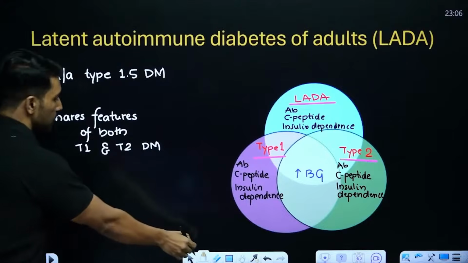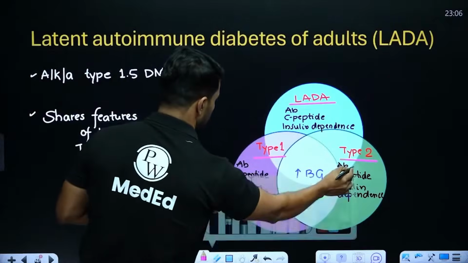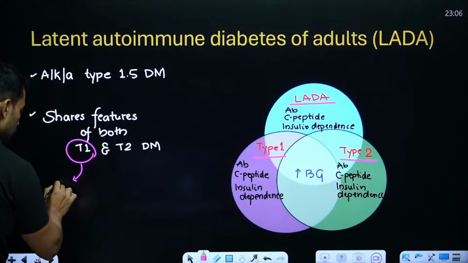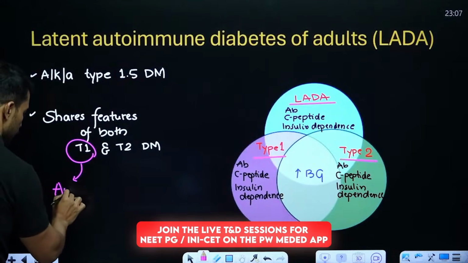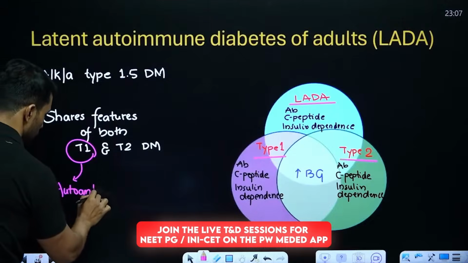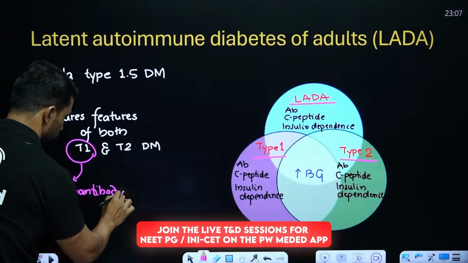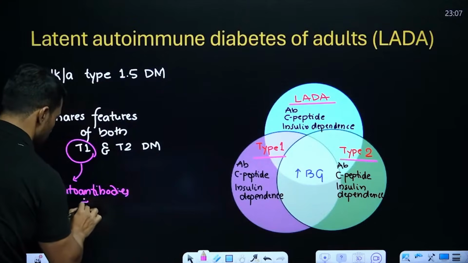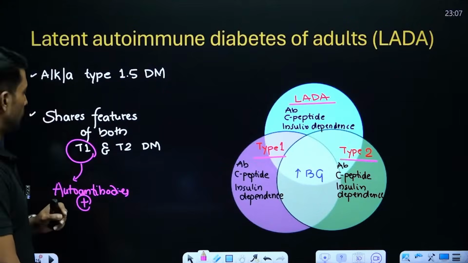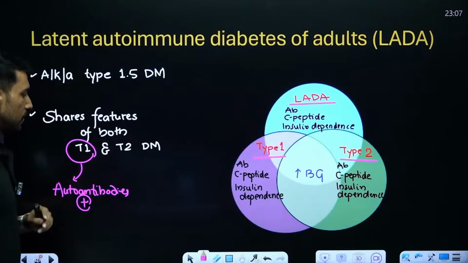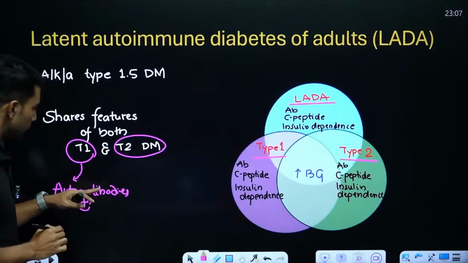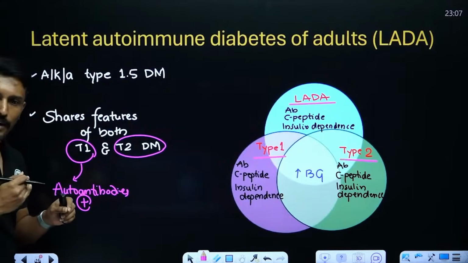Now, what are the features that it shares with type 1? The feature it shares with type 1 is that it will be positive for antibodies. Autoantibodies are positive in these patients. Then what does it share with type 2? Usually the age of diagnosis of type 1 is less than 25 years.